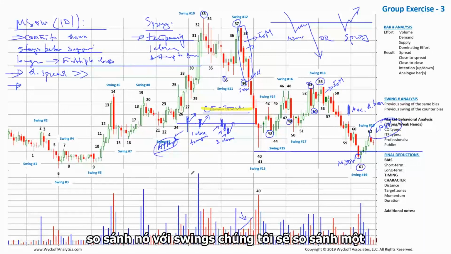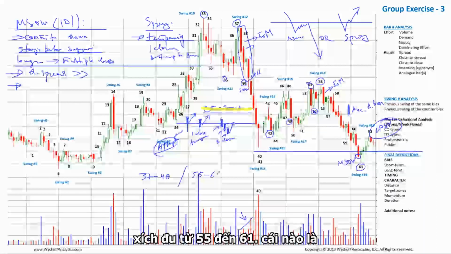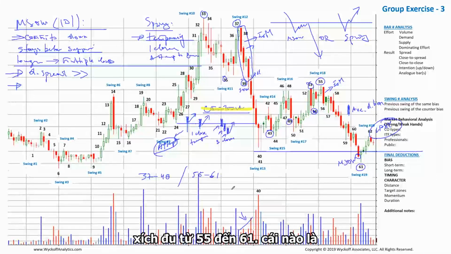If we would compare two swings, a swing from 37 to 40 with the swing from 55 to 61, which one is more bearish and which one is more bullish? Or let me rephrase this. Which one is more bearish and which one is less bearish?